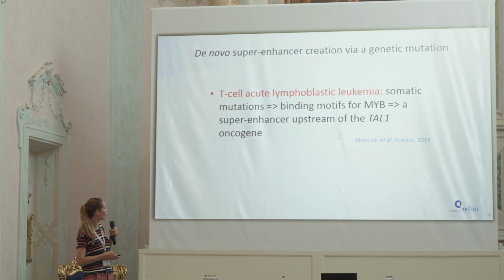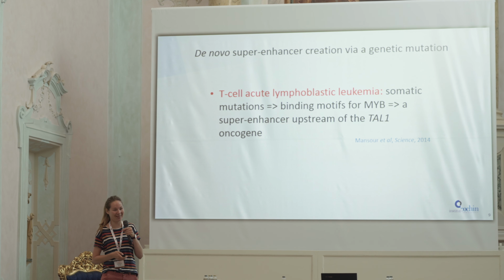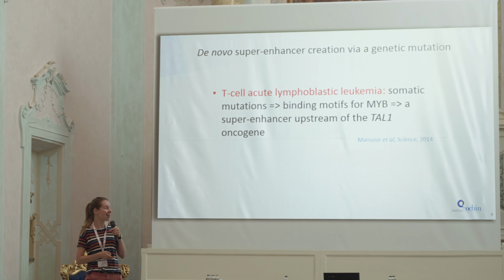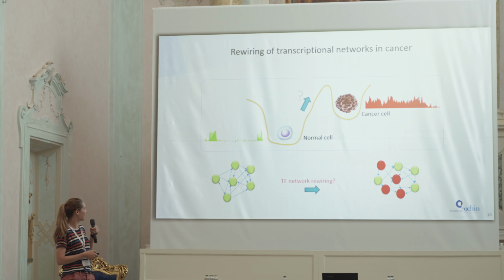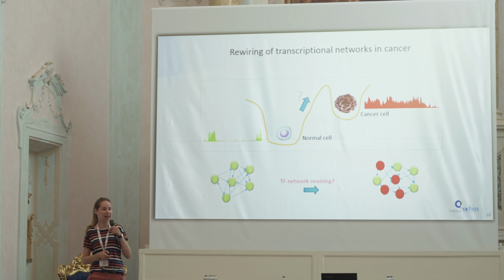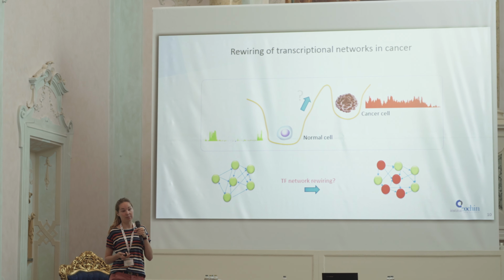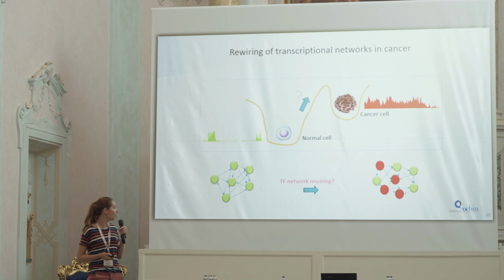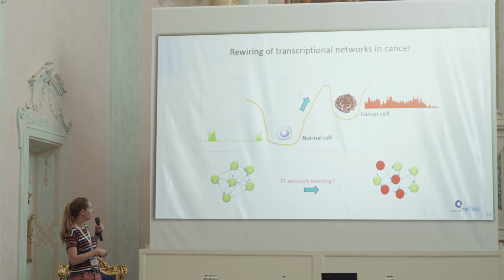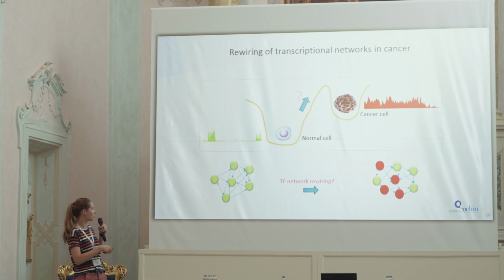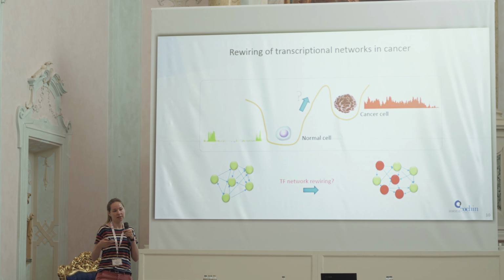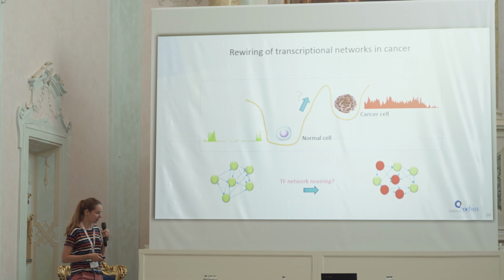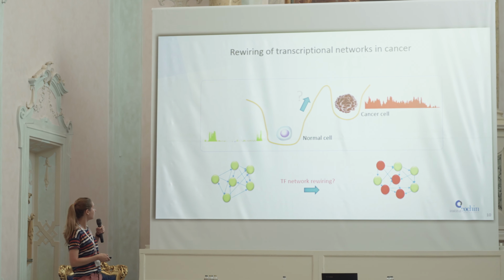So my hypothesis, in addition to Eva's hypothesis of rearrangements of 3D structure, is that you have a general rewiring of transcription factor networks due to copy number aberrations or small non-coding modifications, maybe coding, that results in changes in the expression of transcription factors, changes of the regulation, and it can create, activate de novo some regions in the genome.